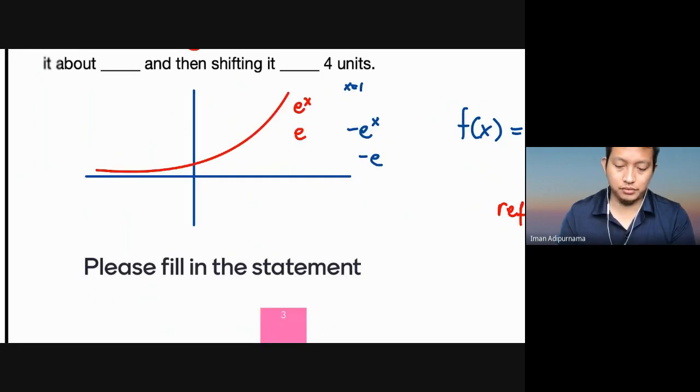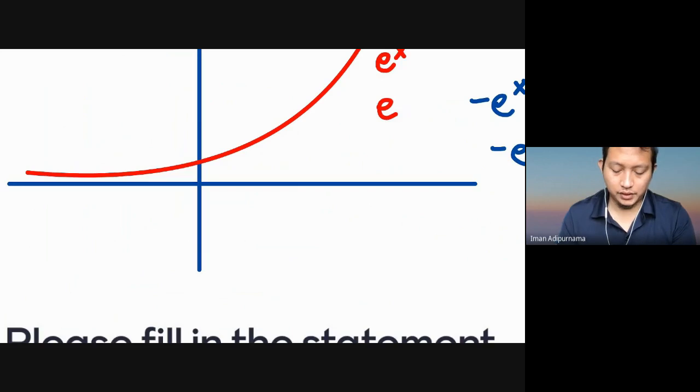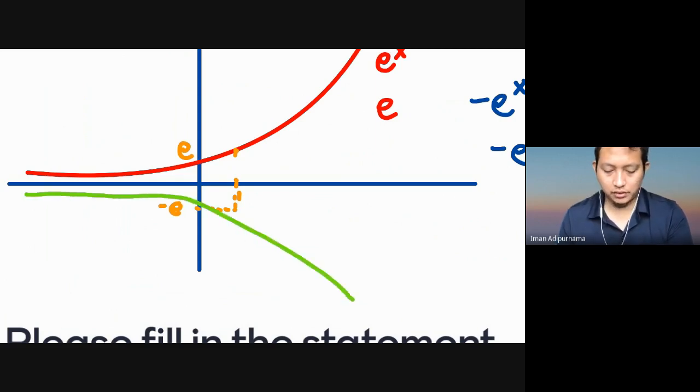So the y should be in the negative area. You can look at the function here. If this is 1, this is e, then probably this will be the negative e. So what you are going to do is reflect this.